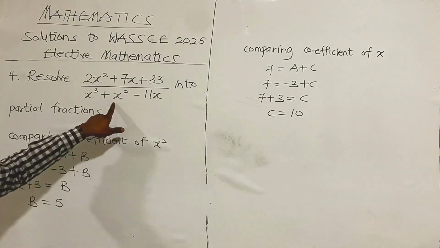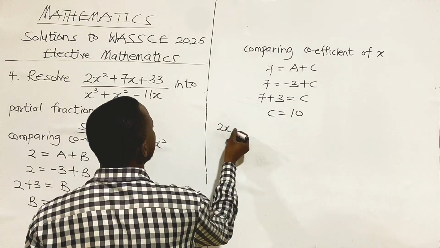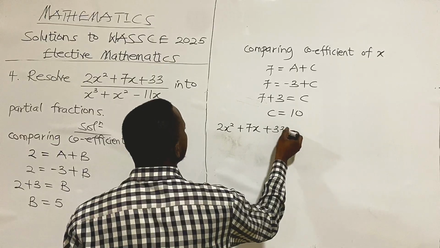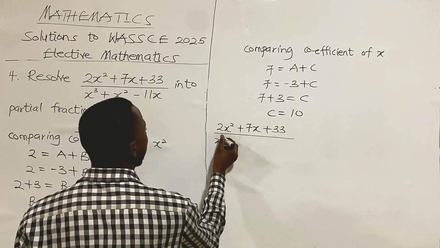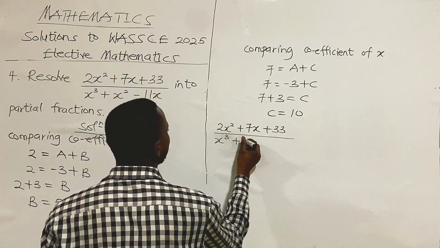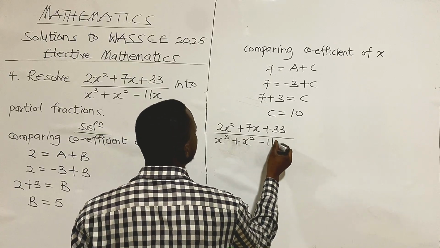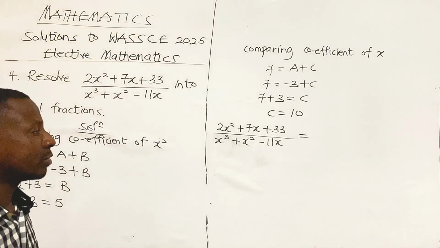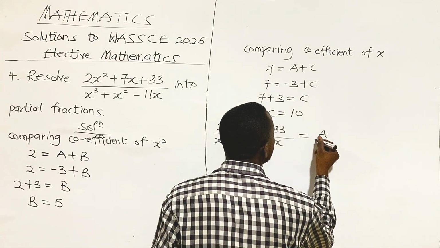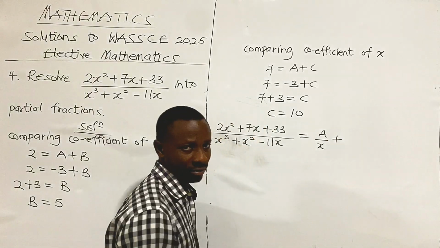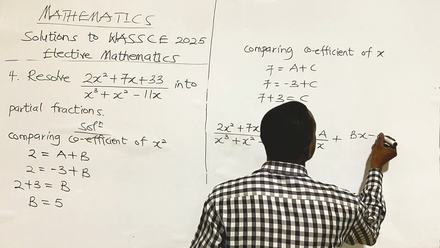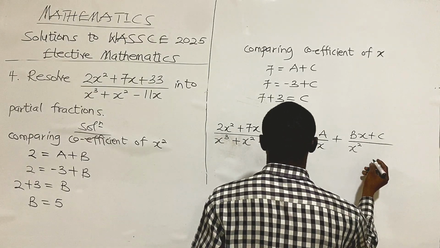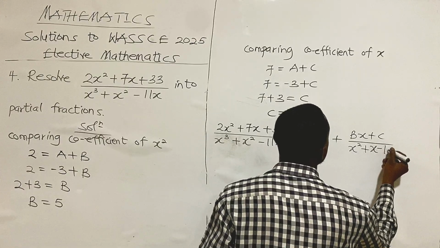Now we all know that this was the question. So we can say that 2x squared plus 7x plus 33 all over x cubed plus x squared minus 11x is now equal to, now if you remember the breakdown, it was a over x plus bx plus c all over x squared plus x minus 11.